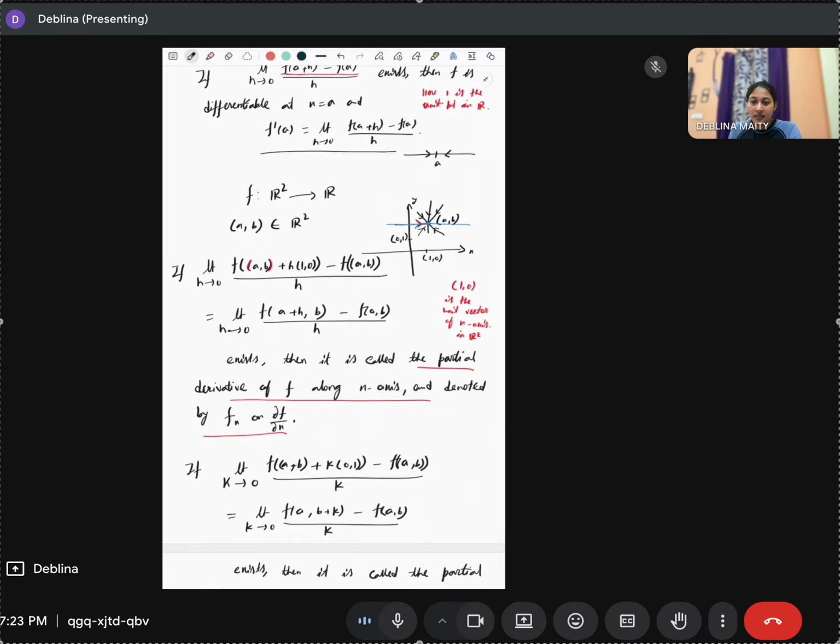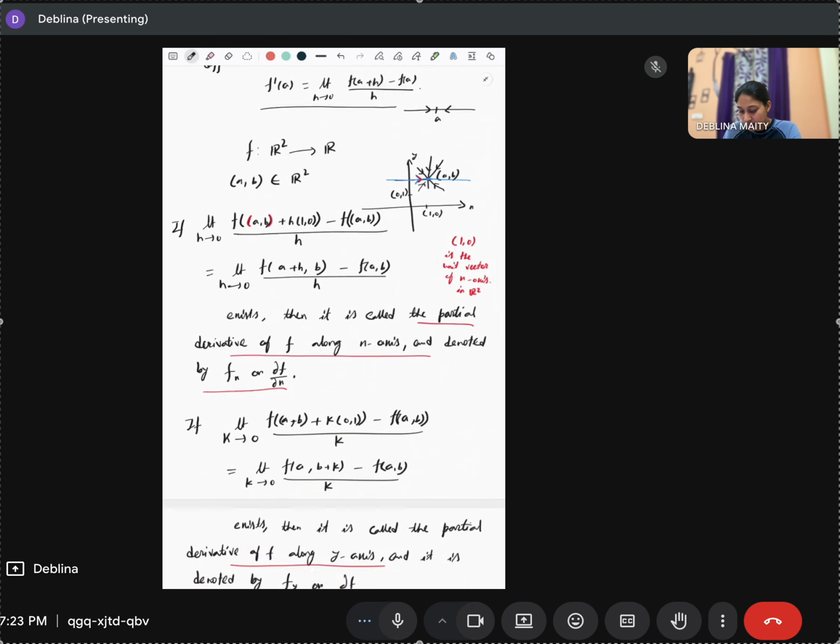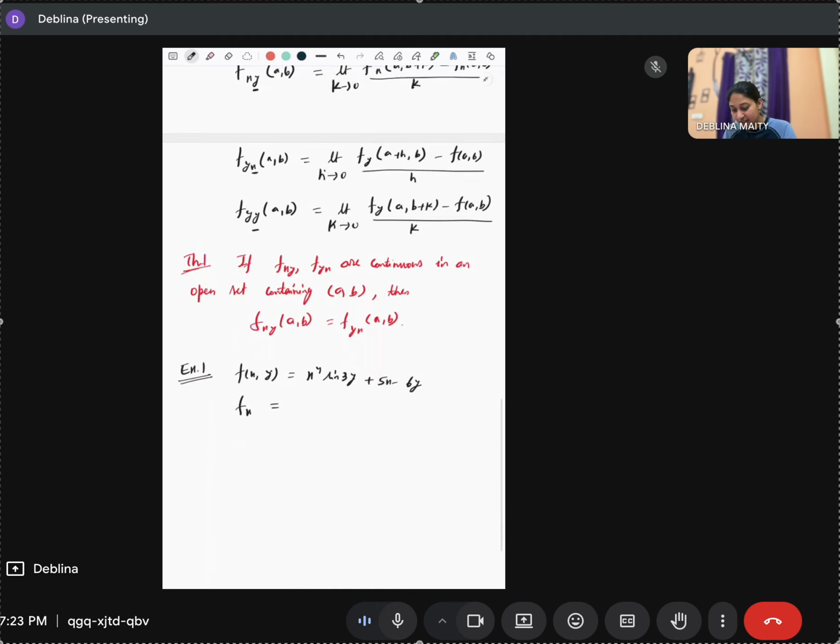When we are doing the partial derivative of f along x axis, that is we are calculating fx, then we are keeping y fixed, right? So this fx will be 4x cube plus 5. This y is as it is, so y will act as a constant here, right?